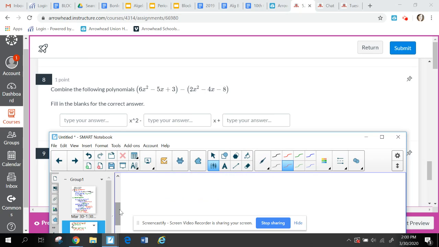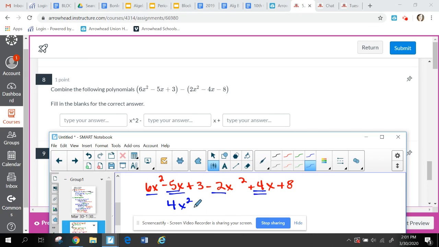This one here was also subtraction. So we start with 6x squared minus 5x plus 3. And now again, I'm distributing this like a negative 1. So this is really going to become minus 2x squared plus 4x and then plus 8. I'm going to combine like terms. So this is 6 minus 2 gives me 4x squared.